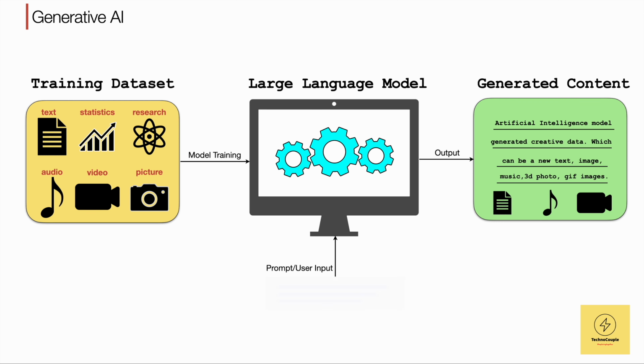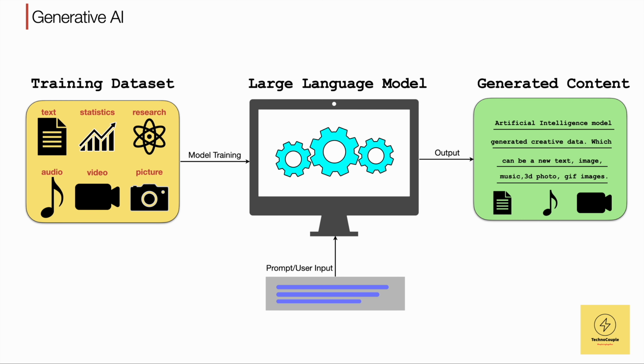When a user sends a query or prompt to this model, it is able to generate a distinct creative output based on the description provided by the user. For example, if we have a dataset containing several images of mountains, then the generative model can build a unique image of mountains which did not exist before by applying all the rules it learned about how a mountain should look like based on its training data.